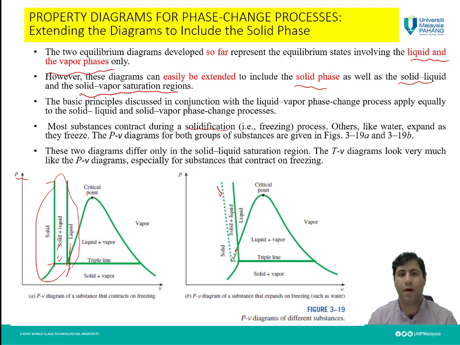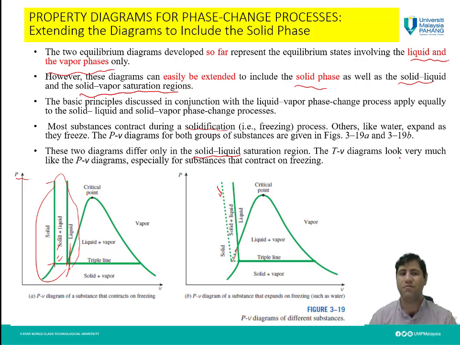So the PV diagram for both groups of substances is presented here. You can see the differences between them, how the pressure and volume change during these phase change processes. This diagram differs only in the solid-liquid saturation region, this part.